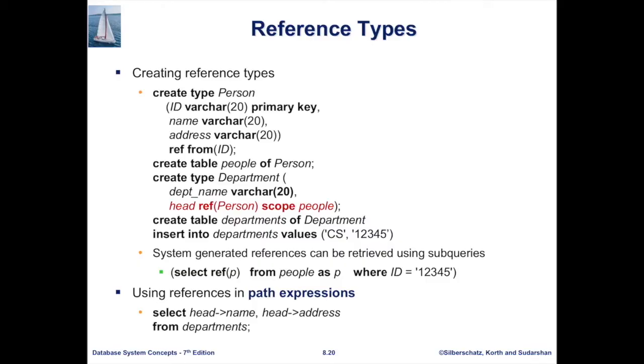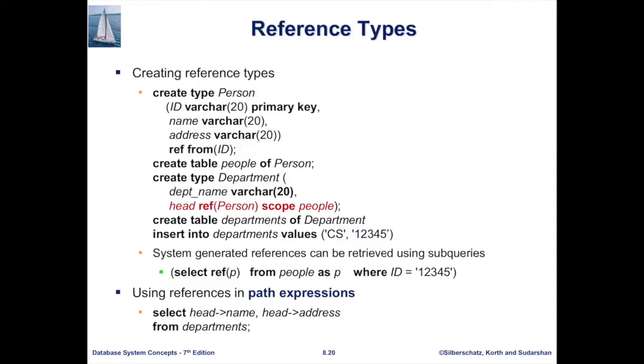The next slide will show how referential integrity is specified in an object relational data model. Basically, we just need to add an additional line that specifies ID as the attribute used for referencing. So when we create the object type person, we have one line, ref from ID, that will be used for referencing. Suppose we have an object department, and this department will later on become a table.